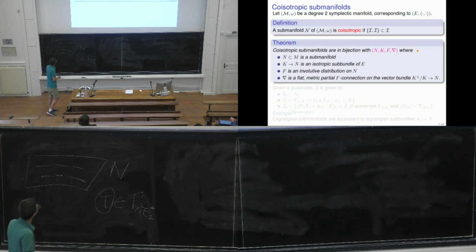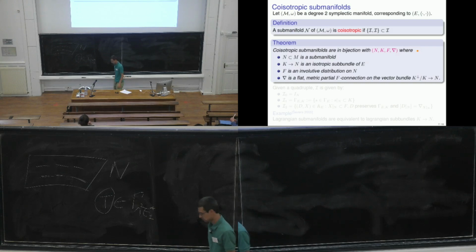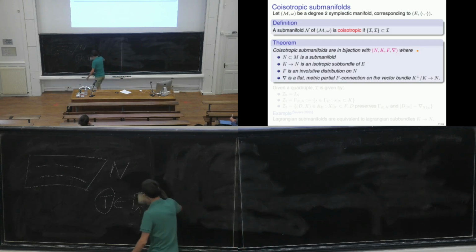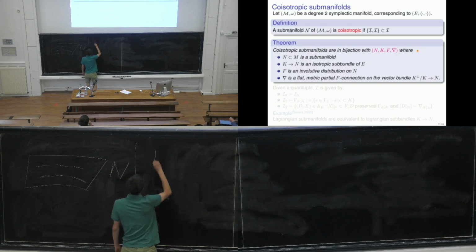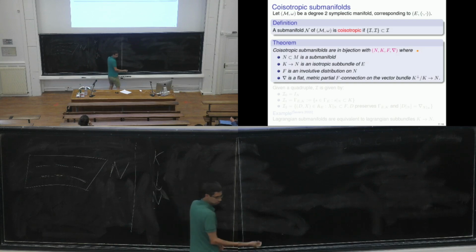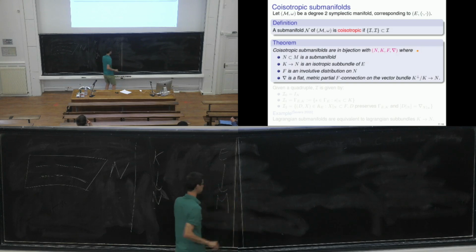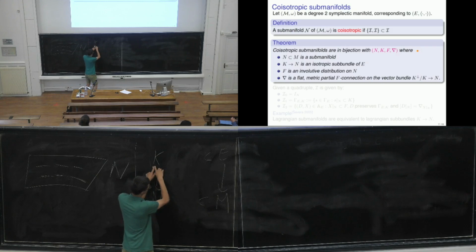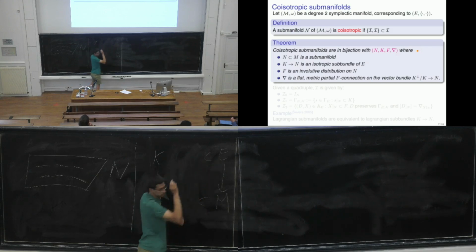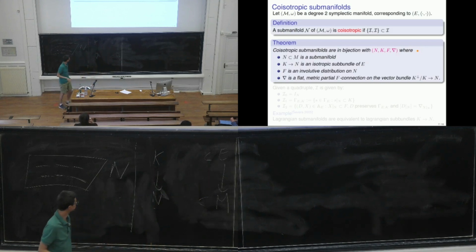It turns out that the coisotropic submanifold corresponds to a bunch of data. It's a quadruple, and I'll write the same thing in a slightly nicer way. So we have a submanifold N of M, and K is an isotropic subbundle of my pseudo-Euclidean vector bundle over N. Then we have two additional pieces of data.